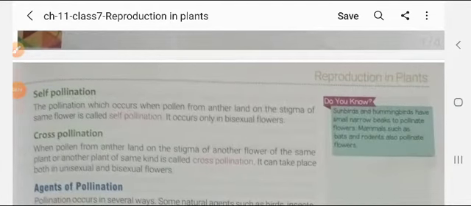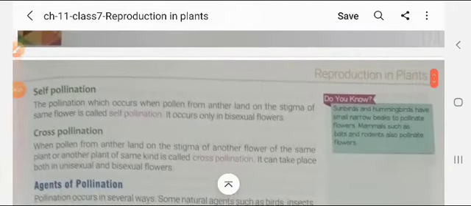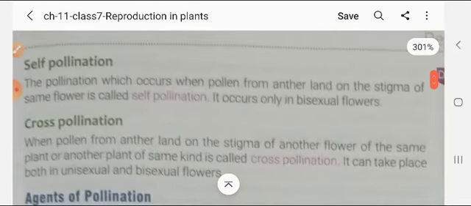So, student, once again, self pollination: the pollination which occurs when pollen from anther lands on the stigma of the same flower. And this happens in the bisexual flower, meaning the flower in which both the male and female gametes are present.